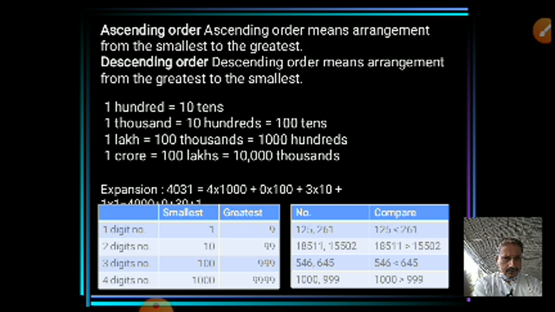Without comparing anything, you can count the digits. The first number has 4 digits, the second number has 3 digits. So a 4-digit number is bigger than a 3-digit number. Immediately you can put the sign: 1000 is greater than 999. Good.